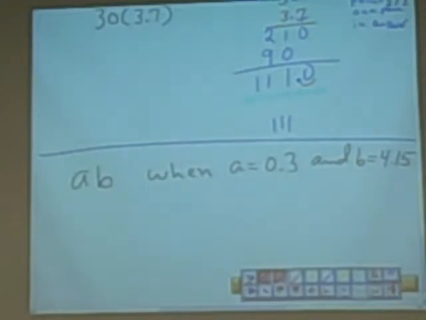Okay, so we know that we have to do what operation? Multiply, right? The AB, there's no sign in between there, so we know automatically it means multiplication. So we have 0.3, and again, whether you put multiplication like an X, I don't recommend that you put a dot there because we're working with decimals, and it's really easy to confuse the multiplication dot with the decimal.